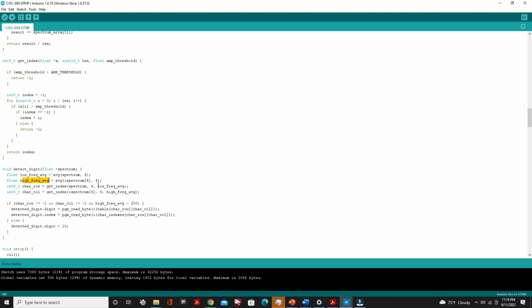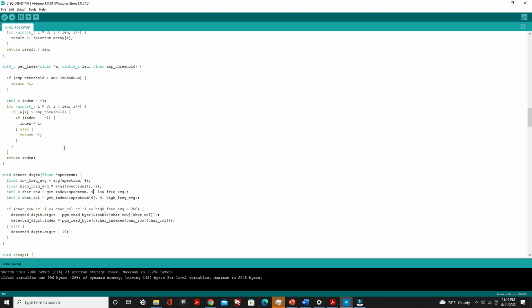Since there are a total of 8 frequency components, the lower 4 refers to the 4 lower frequency components, and we call the function get index spectrum to compute the average and check for the amplitude threshold.